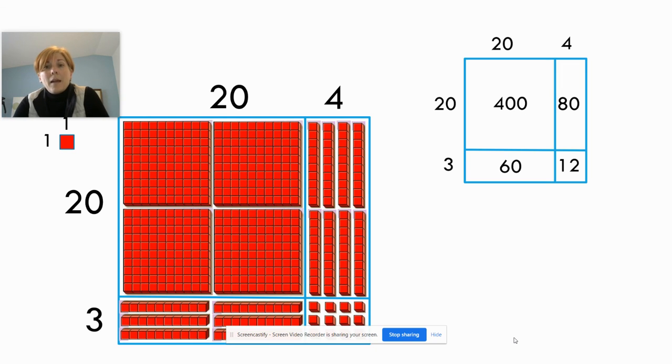So now I would have to add all of those up. So I know that I have 400, and 80 plus 60, let's see, 8 plus 6 is going to be 14, but I don't have an 8 and a 6. I have an 80 and a 60, so I got to shift everything up.